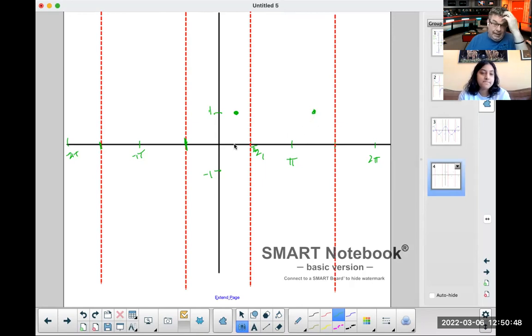And it's equal to negative 1 at negative pi over 4, and here, isn't it? Yeah, it's equal to negative 1 at 3 pi over 4 and 7 pi over 4. I put a little bonus one in there. And it's equal to 0 at 0, at pi and 2 pi, right?